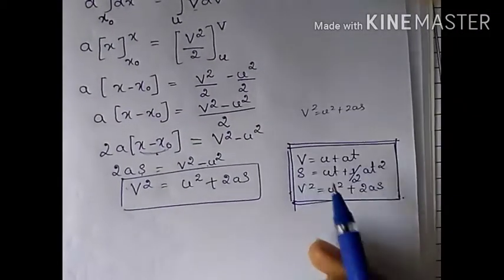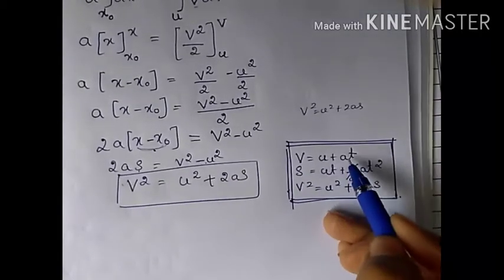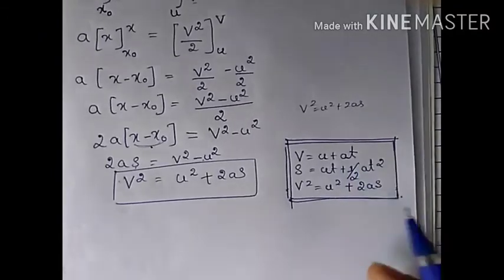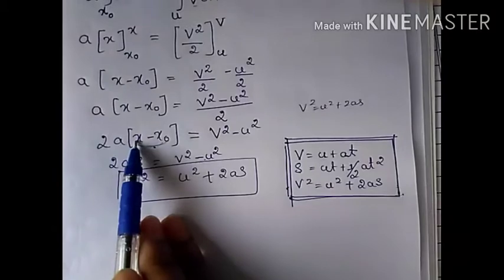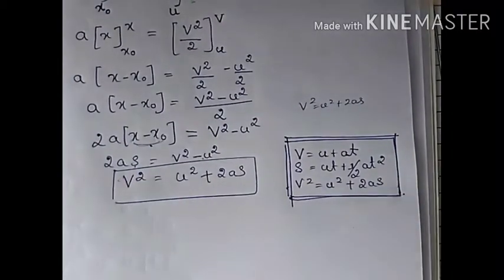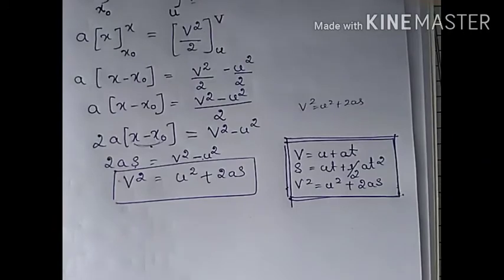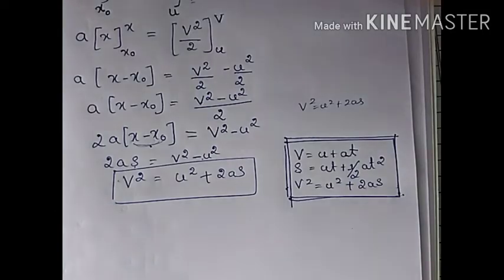Here v denotes the final velocity of the body, u is the initial velocity, a is acceleration, t is time, and s is displacement. Displacement can be obtained by the difference of x and x0. So now we are done with deriving the kinematic equations with the calculus method.